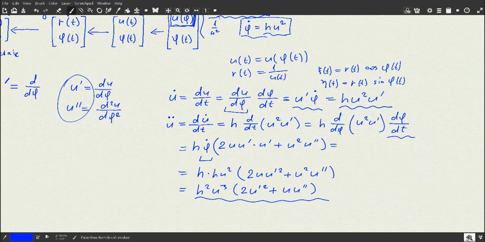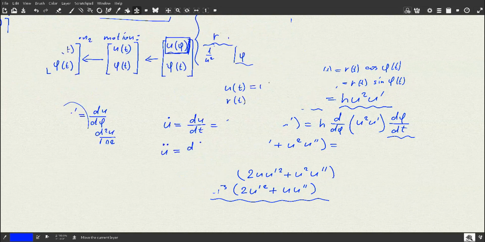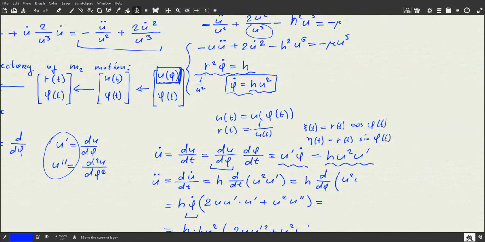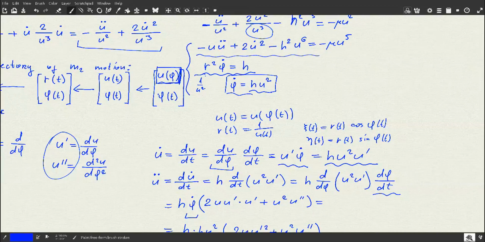Now getting back to our original equation, here is our original equation. Minus u times u double dot and so on. Let's keep it in mind.